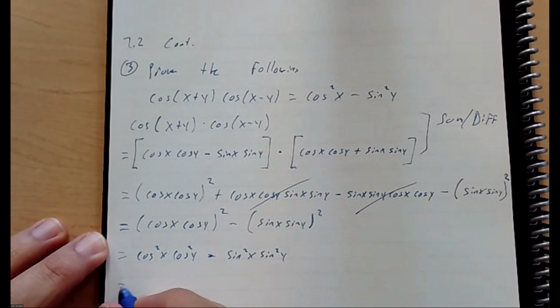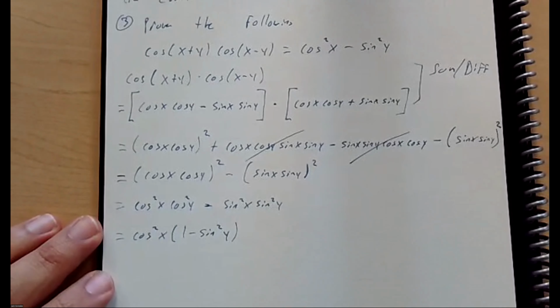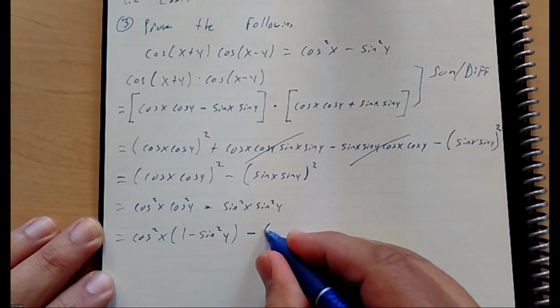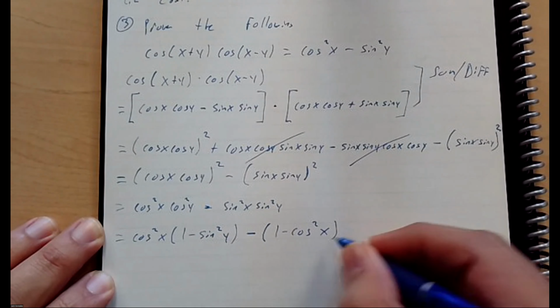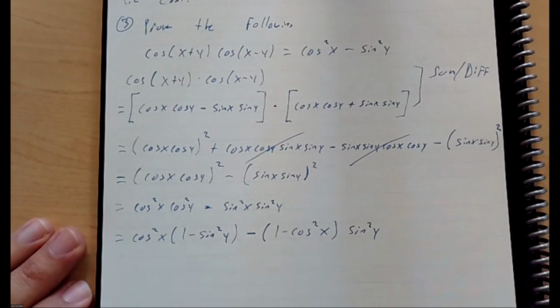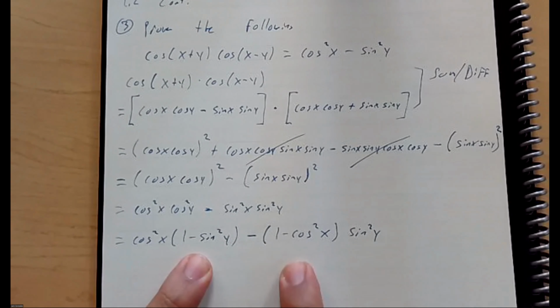So right here, I'm going to change the cosine squared into 1 minus sine squared y. And I'm going to change the x guy over here into 1 minus cosine squared x. Does that make sense? Does that logic make sense to you? Okay.